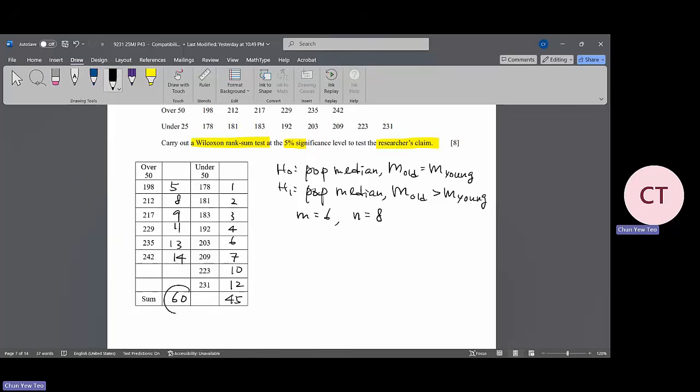This is the R6. And we need to calculate the 6 plus 8 minus 1 and plus 1 minus the R6.